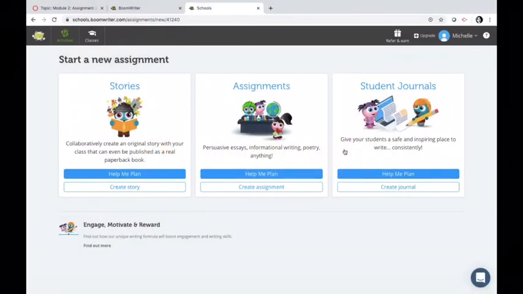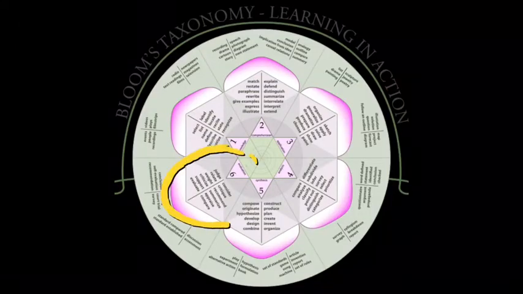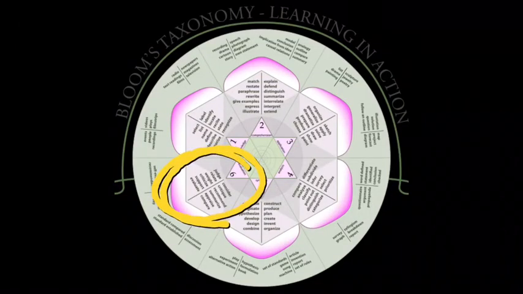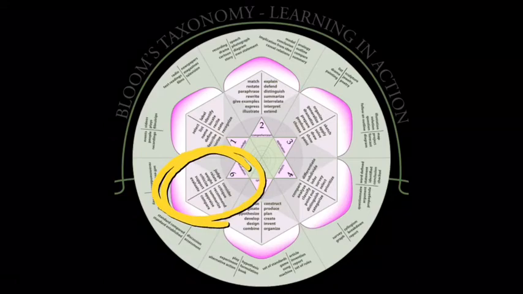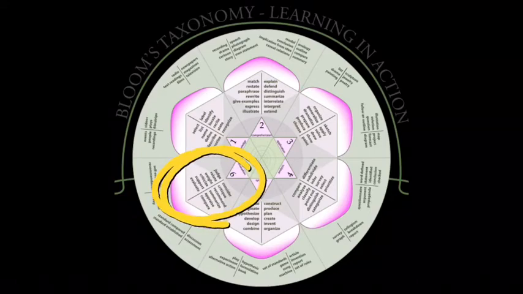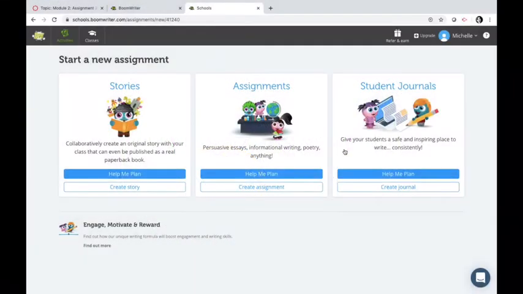But if I gave them an assignment that asked them to reinvent a plan for a city, and they had to write out a new guidebook for visitors there, that could be very high on Bloom's taxonomy, and it could also go into redefinition depending on what you did with that writing once you were finished with it. So the platform itself doesn't really limit you with where you would fall on SAMR or on Bloom's. It's really what you do with it, since it's just a platform for writing.